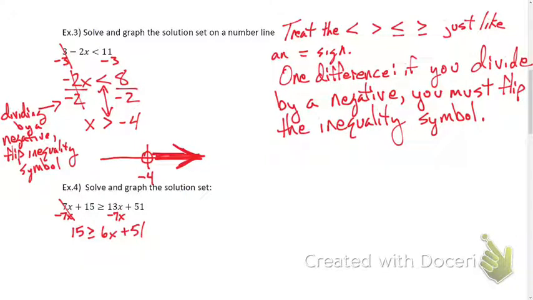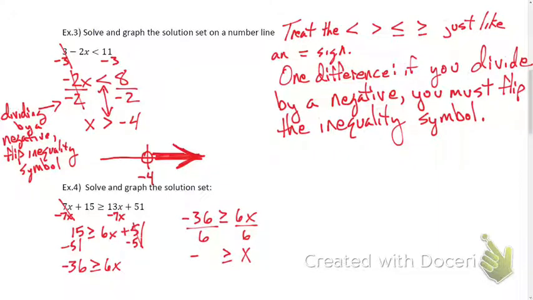Let's move the 51 to the left side. And then final step, divide by 6. We're not dividing by a negative, so I leave that inequality alone.